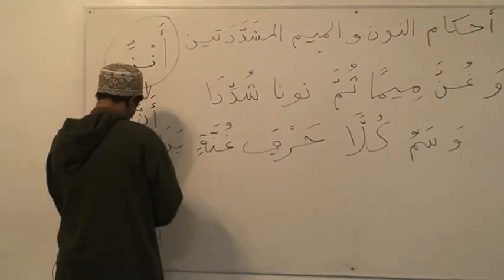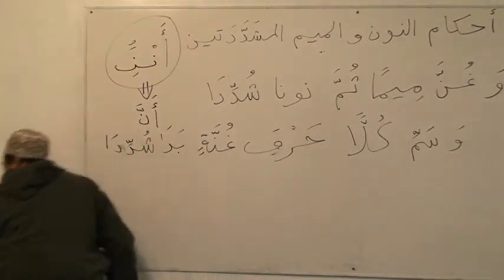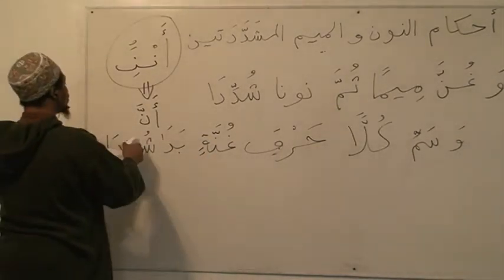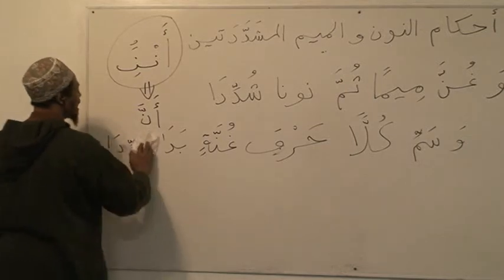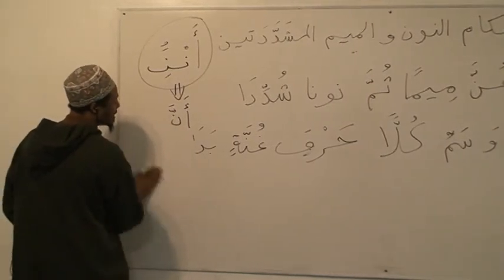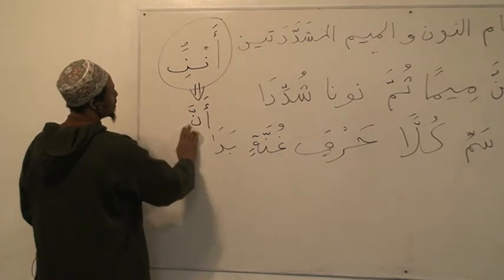Let me erase this small piece over here so as not to cause any confusion. وَغُنَّ نُونًا ثُمَّ مِيمًا شُدِّدَا وَسَمِّ كُلًّا حَرْفَ غُنَّةٍ بَدَا. Can I erase this piece right here? Okay, thank you.